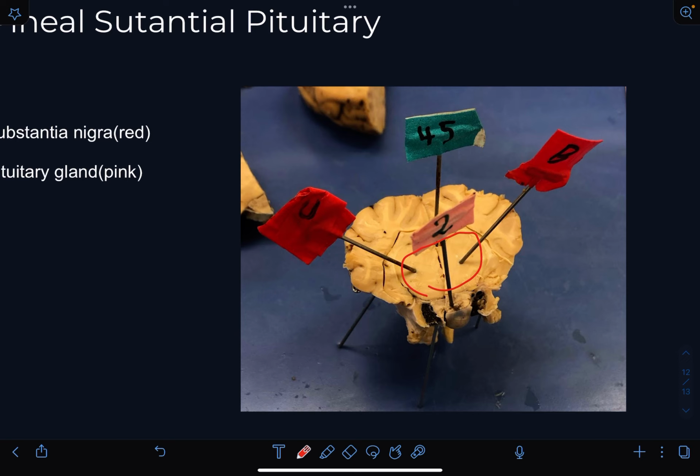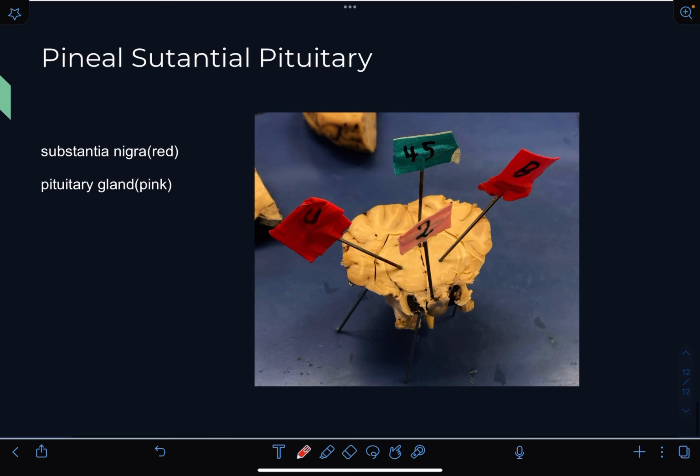It's particularly noted for its role in Parkinson's disease, where the death of dopamine-producing cells in the region leads to the symptoms of the disease. Parkinson's has been known to affect memory, but also we have the tremors from Parkinson's, which is how we can tell that someone has it, or if you know someone like that.